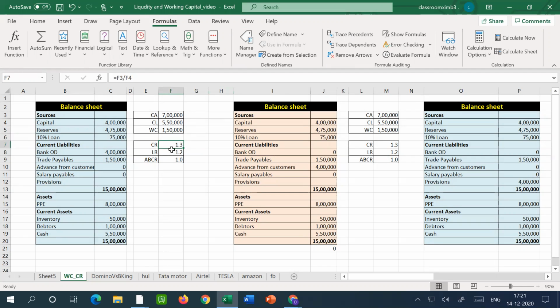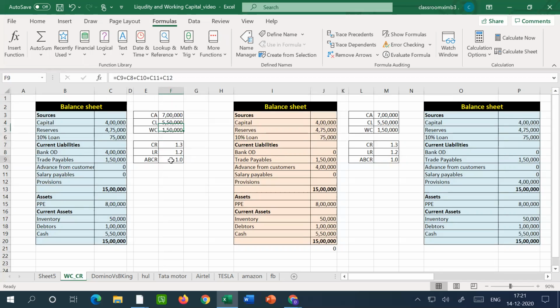in this case, it is 1.3, and the liquid ratio is calculated by removal of the inventory, the least liquid asset, from the current asset, and calculating the ratio between the current assets minus the inventory divided by current liabilities.